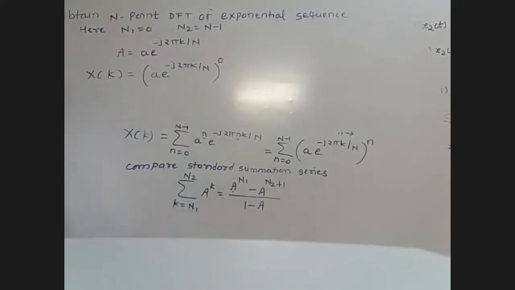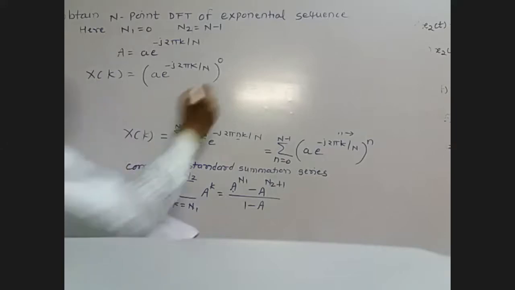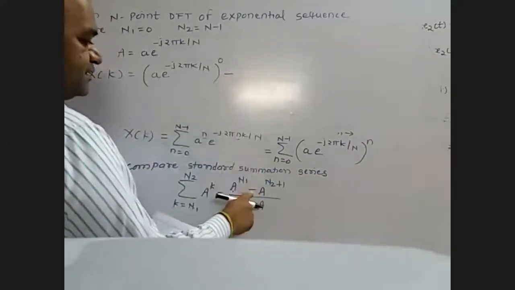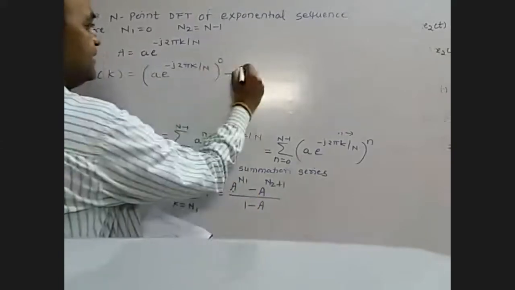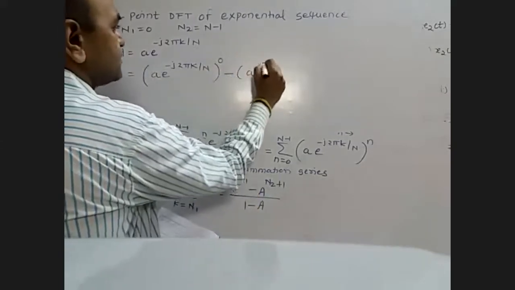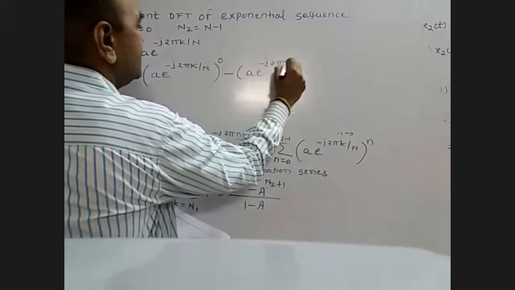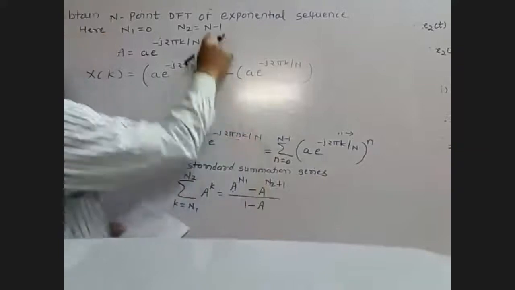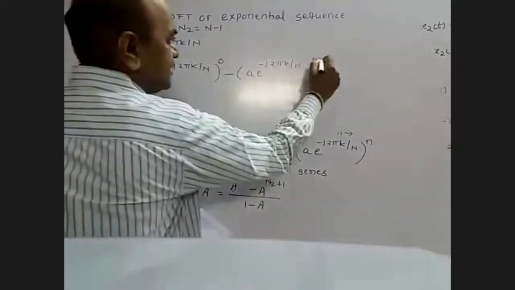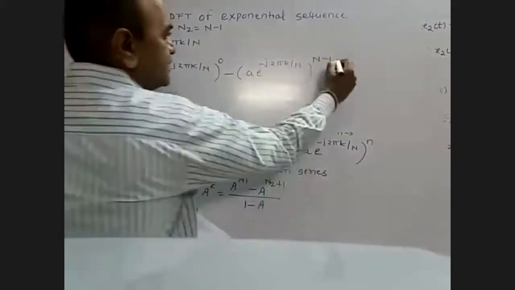Getting this? Okay. Now minus sign is here. A is here, so a is again repeating. That is a e raised to minus j 2 pi k by n. Okay. And here n2. N2 is n minus 1, n minus 1 plus 1. Okay.